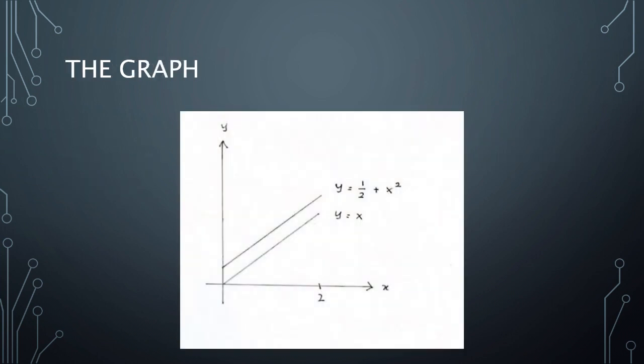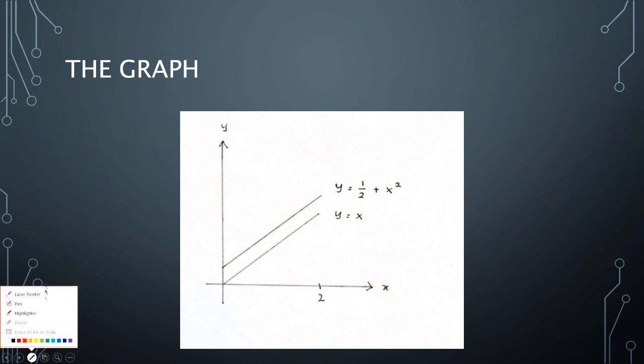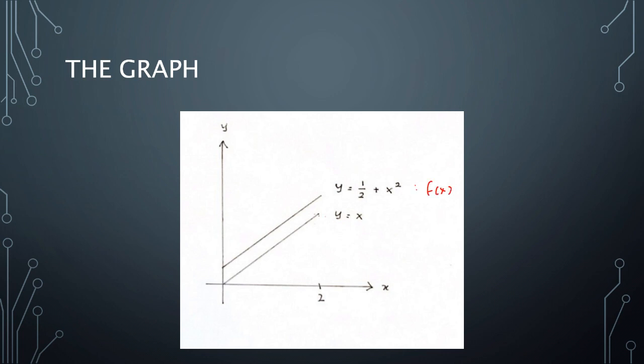So now this is the graph that I have made from understanding the question. The first function, f(x), is 1 over 2 plus x squared. The f(x) is the outer function because it is the furthest away from the x-axis, since the question says that it revolves around the x-axis, and y equals x is the g(x), which is the inner function because it is the nearest to the x-axis.